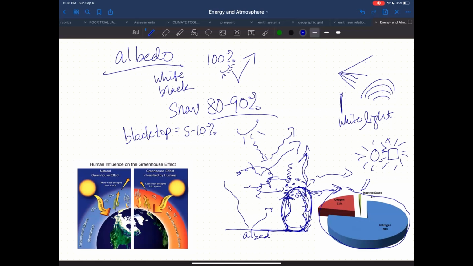It's incredible how little of the gases make such an amazing difference on the temperature and life on this earth. We call these gases greenhouse gases because they act similar to a greenhouse, and therefore the influence on temperature is referred to as the greenhouse effect.